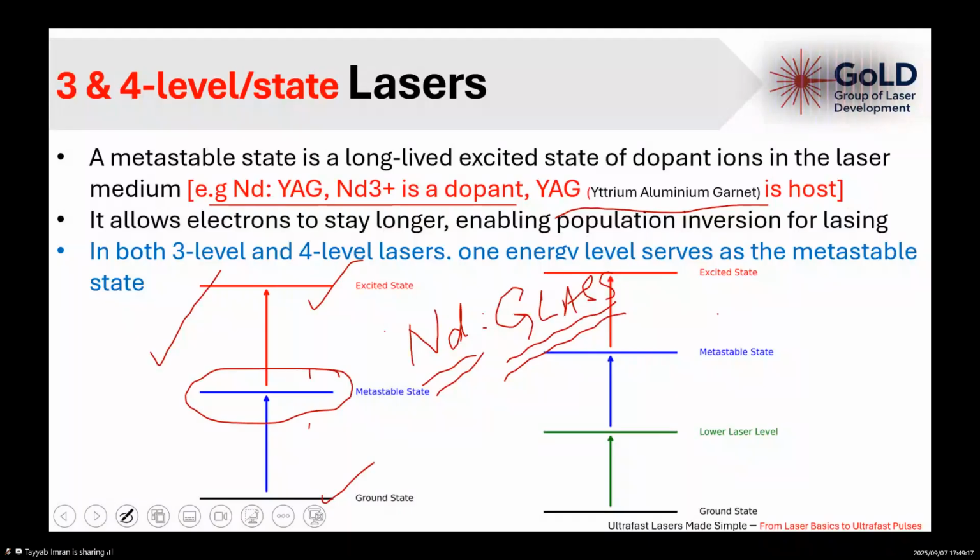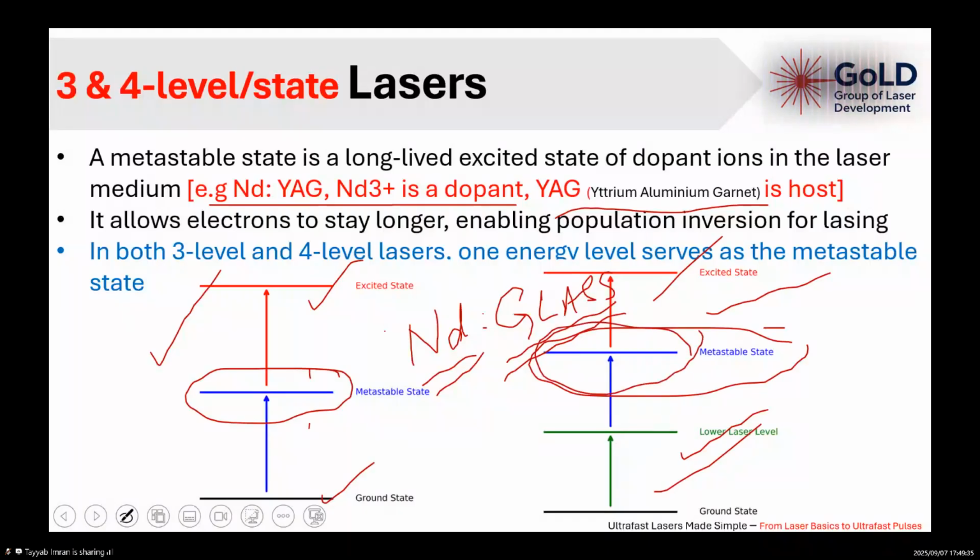On the right side, this is a 4-level laser. Whatever the material used, there are 4 levels: the metastable state, the lower state, the ground state, and the excited state. The atom stays here for a while, for longer, because it has a longer decay time.